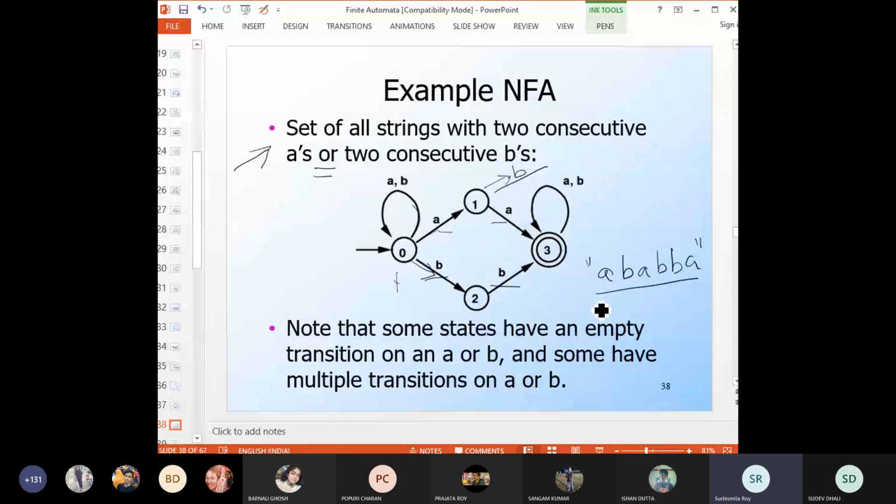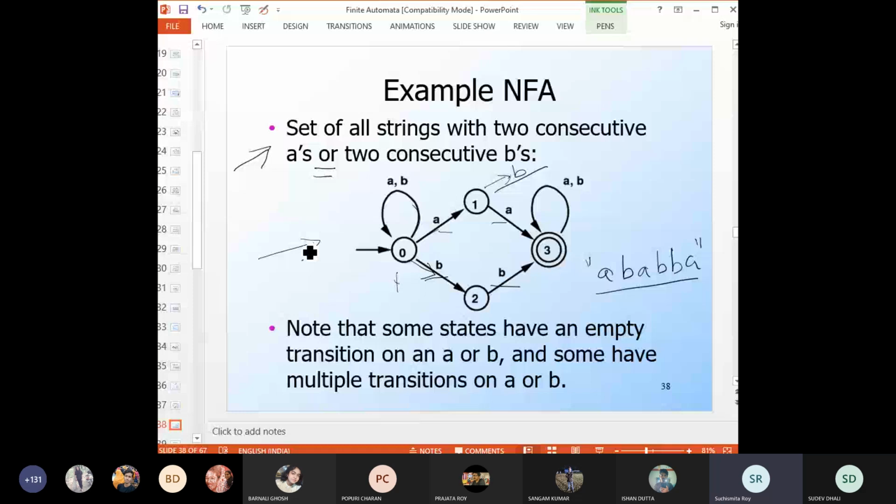Fortunately, we have means by which we can convert this non-deterministic finite automata into a corresponding deterministic one. All non-deterministic finite automata can be converted to deterministic finite automata which accept exactly the same language, which are equivalent. So that is where the concept of equivalence of finite automata comes around.